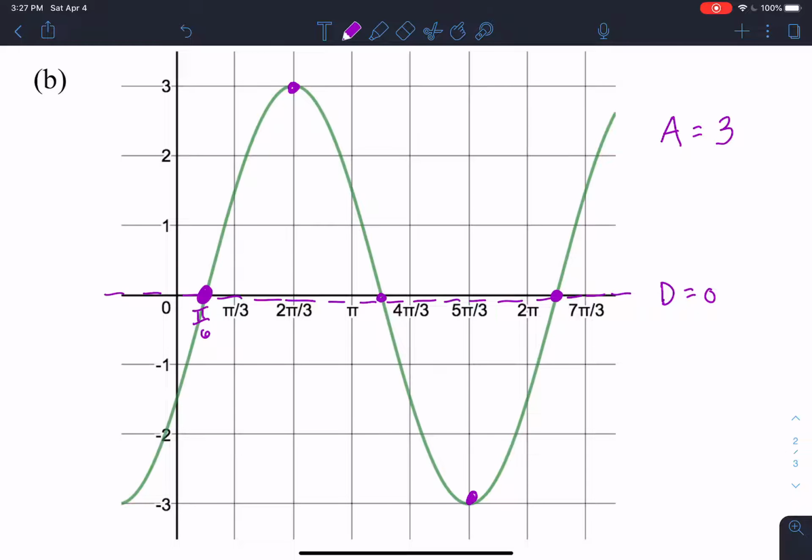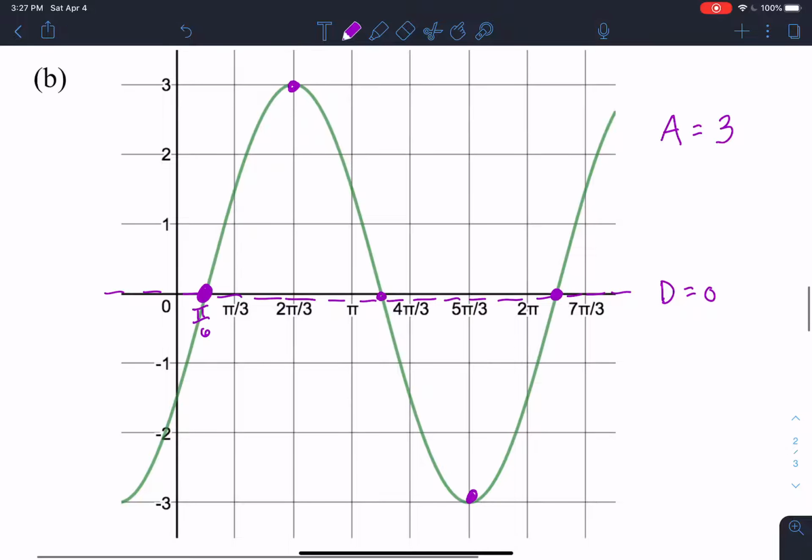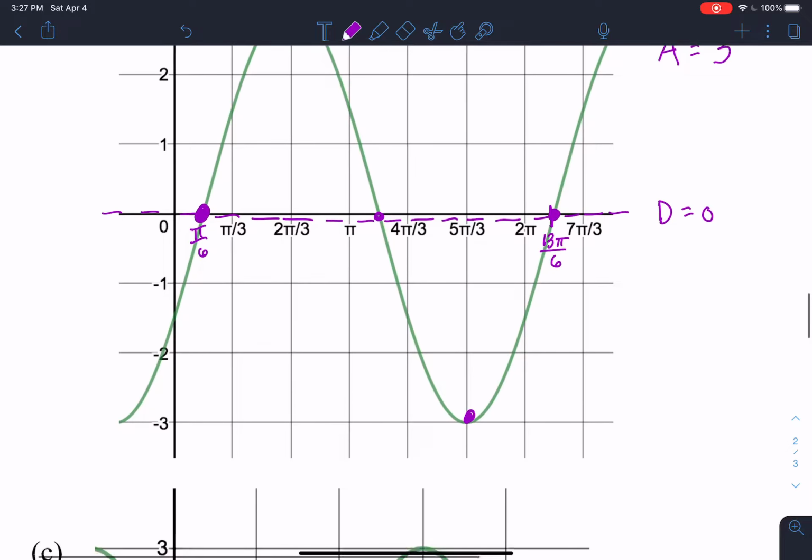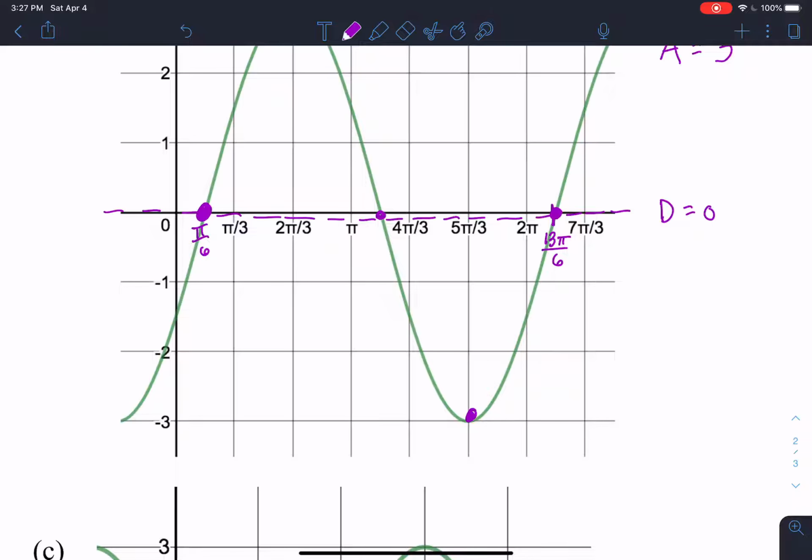If you take the average of that, you're going to get 13 pi over 6. So to figure out my period between those 2 points, I'm just going to find the difference. So 13 pi over 6 minus 1 pi over 6, which is 12 pi over 6, or 2 pi.